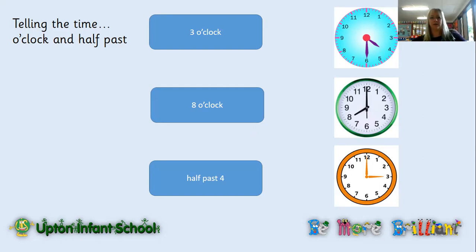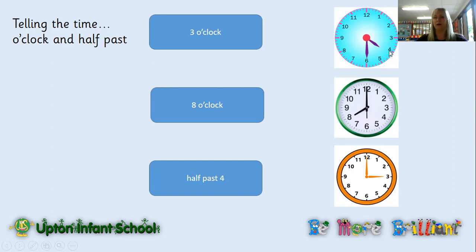Again, I've got 3 different times on the screen, and let's just have a go at working out what each clock says. So the top clock, now remember that long hand is pointing to the 6, so that must be 4:30. Hopefully you've all guessed the same as me. 4:30.